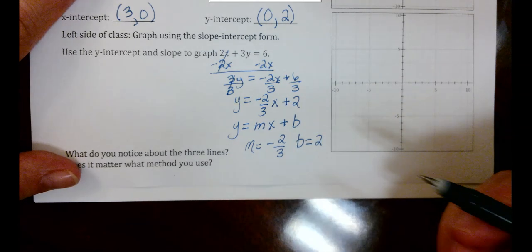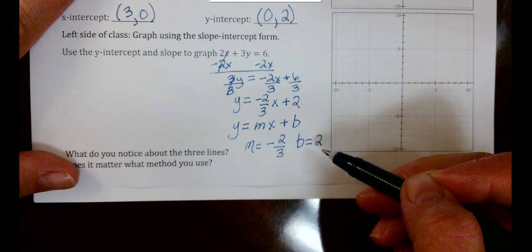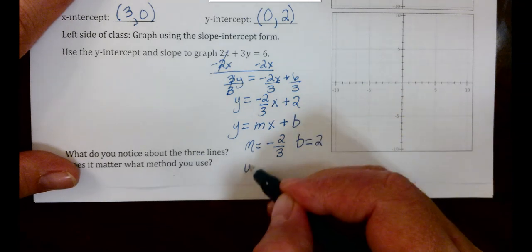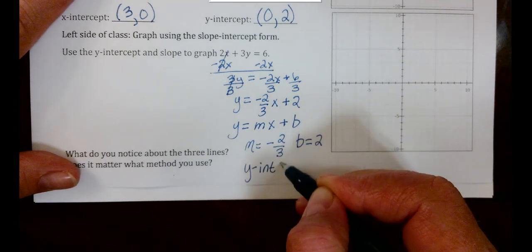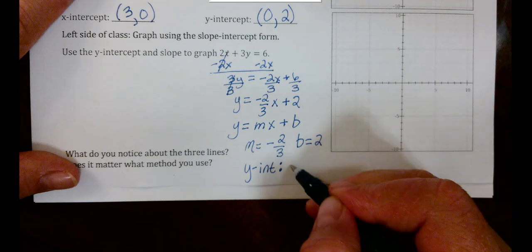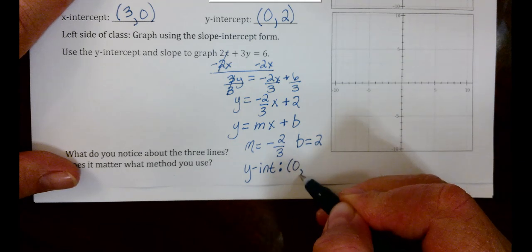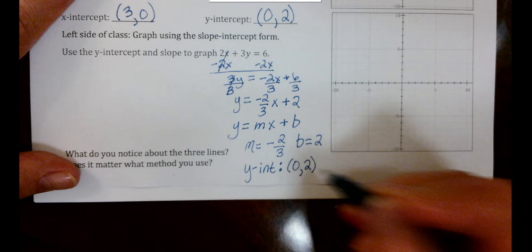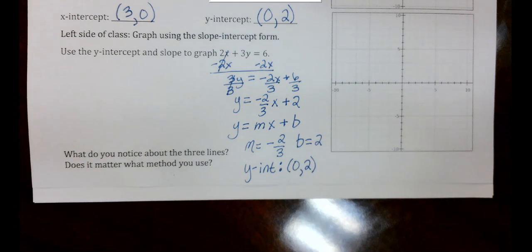Now, b is not the y-intercept. Again, it is the y value of the y-intercept. So in order to find the y-intercept, we need to write the point (0, b), and b in this problem is 2. Okay? That should be all the information we need to know in order to graph.